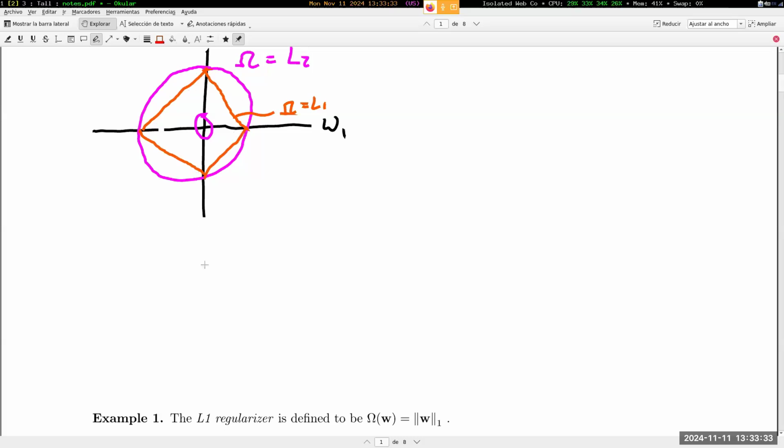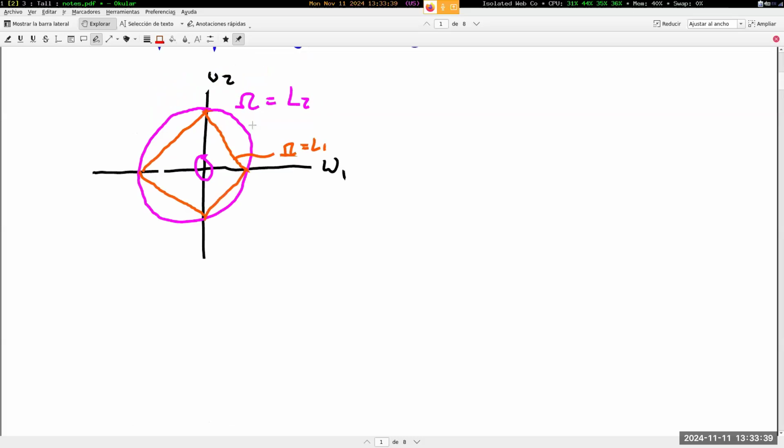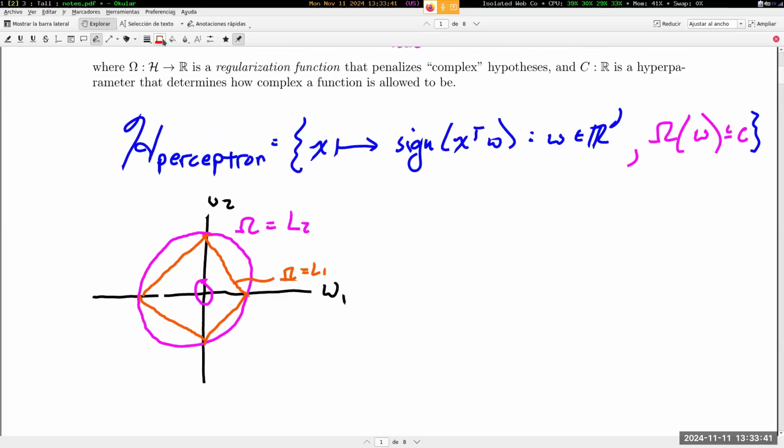So is there ever a situation where, if we set our C value small enough, C again being the radius of these circles, the L1 regularizer will be a subset of L2, or L2 a subset of L1?